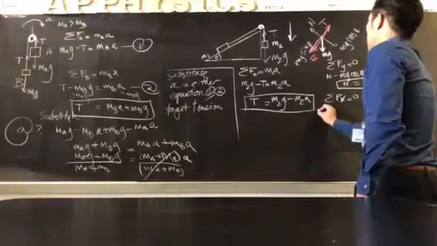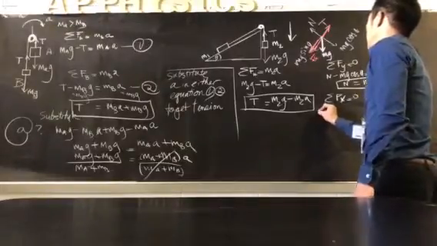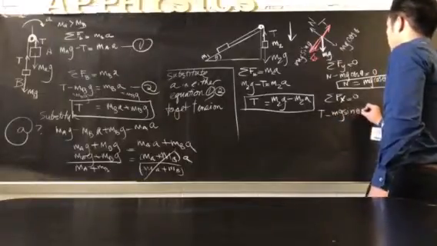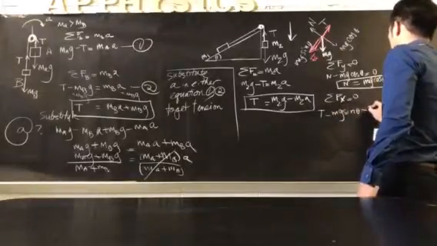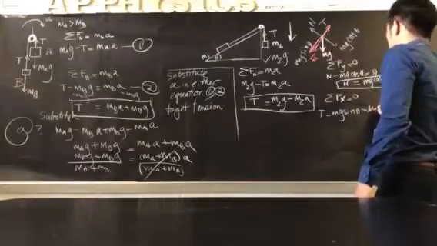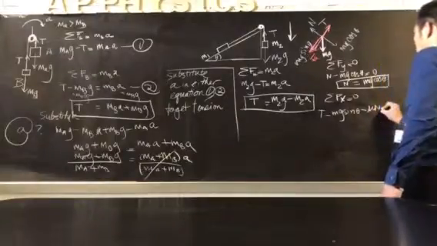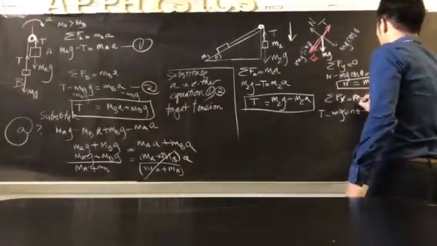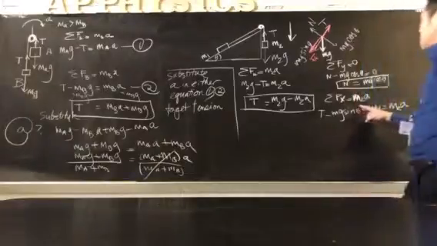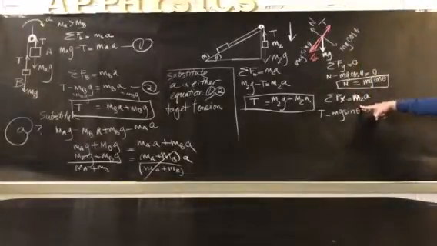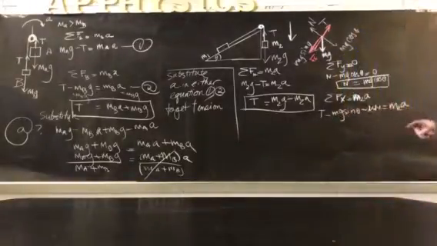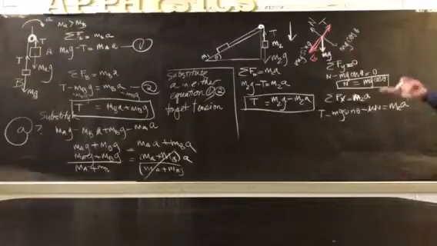So I'm going to do this one right here: T minus mg sine theta minus mu N is equal to m2a. We have to fix this one because they're not in static equilibrium, they're moving. But in the y direction, it is in static equilibrium because the box is not moving up and down, or vertically above the incline.